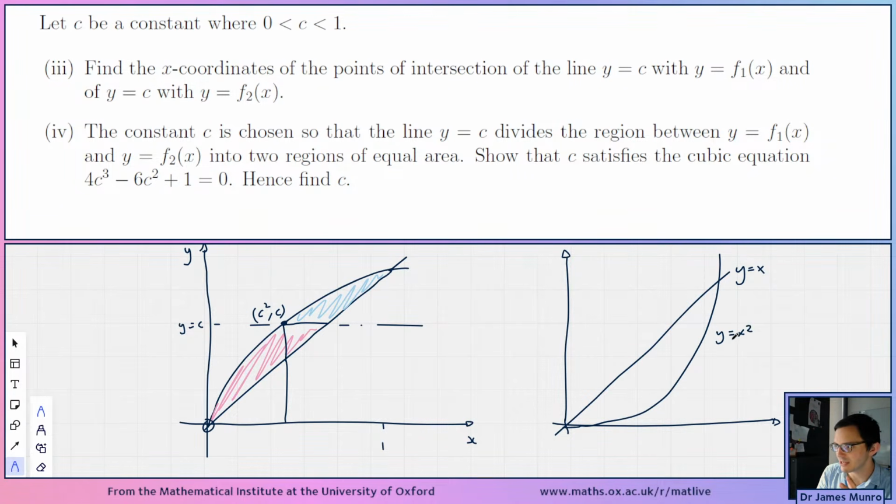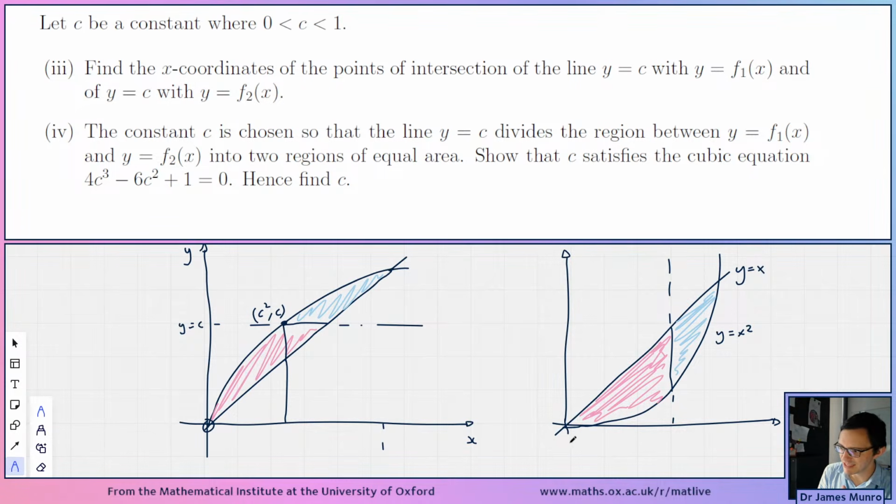This is y equals x squared, and the question is to find a value of c such that this area on the left, after doing this transformation, is equal to this area on the right after this transformation. And this is easier because the limits are just more obvious.